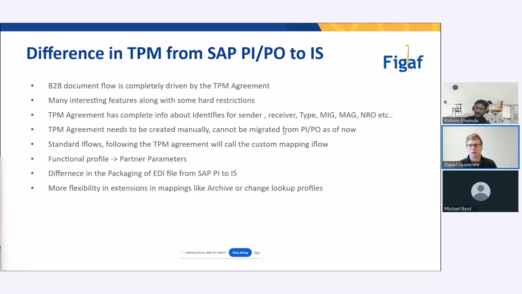One is the standard one, and then there's this factory, which seems to be evolving a bit faster for a number of these scenarios. It is also possible to have these functional profiles and create specific partner parameters in the trading partner management.